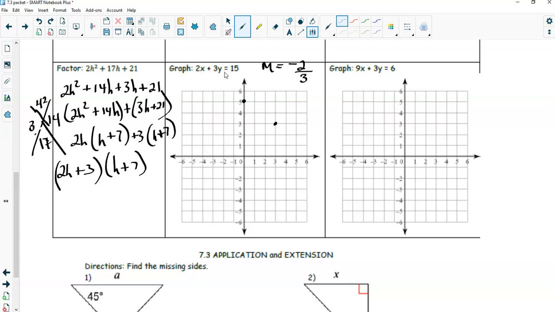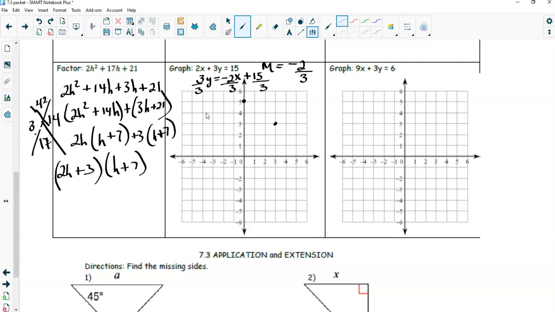Another way is you could solve for y. You could put this equation in slope-intercept form. So take that 2x, move it to this side, and then you have 3y equals negative 2x plus 15. Then divide by 3 on all of it. Remember, you must divide everything by 3.